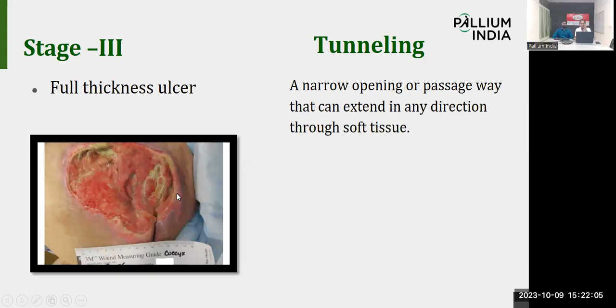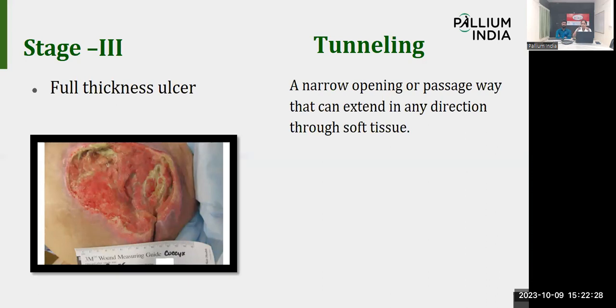Okay, sorry, I didn't repeat it. I was just telling, you can see the mouse pointer in the image, right? The pointer is not coming. Okay, now you can see the pointer. So in this area, at the boundaries of the ulcer, there is a tunneling.